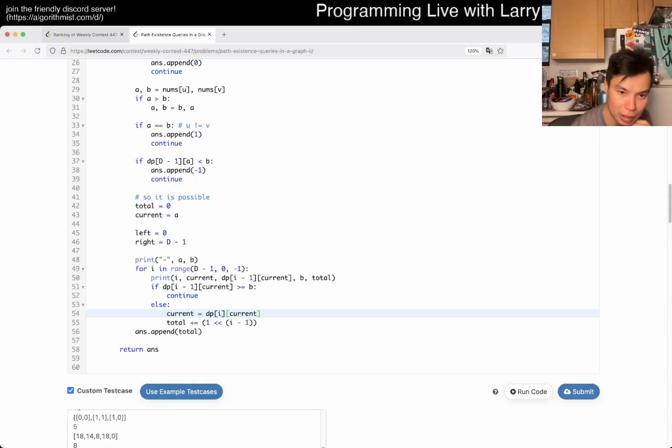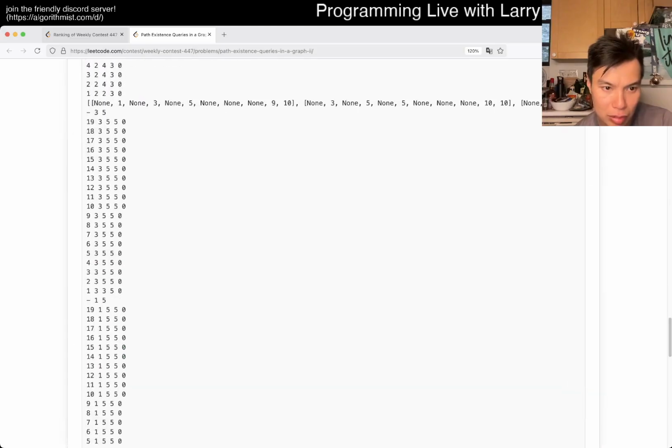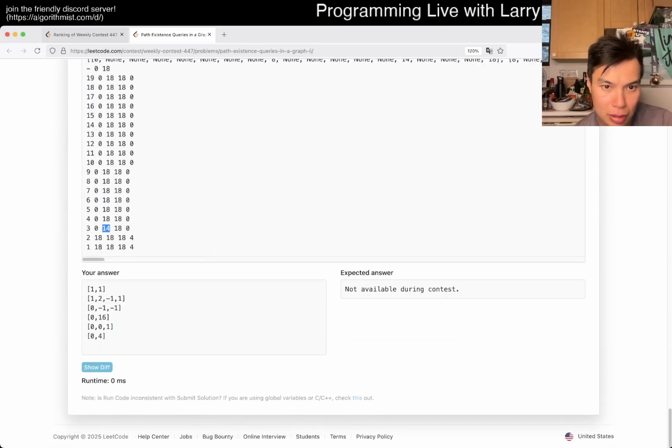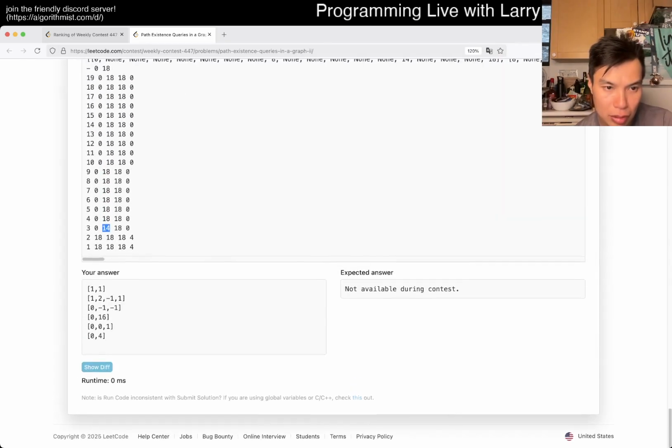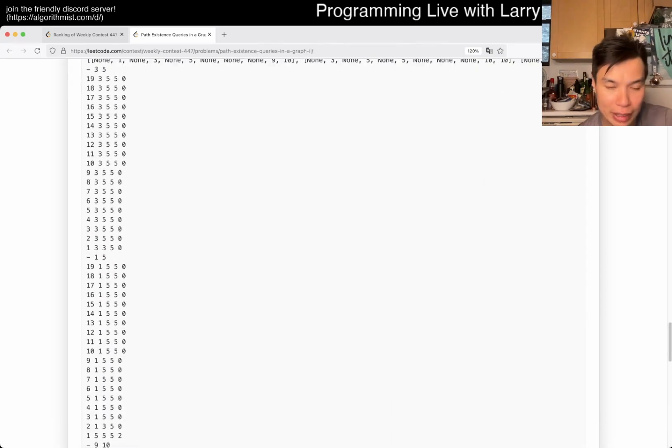Okay, so you always want to take the 14, but the number of moves is wrong, right? Because this is saying that if you take 4 moves, you can get to 18.